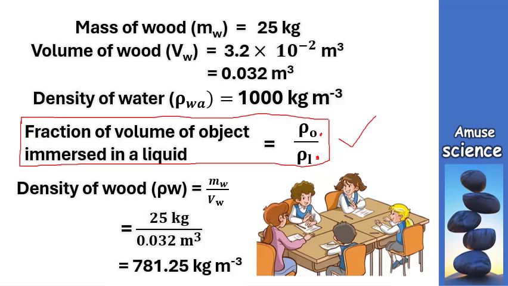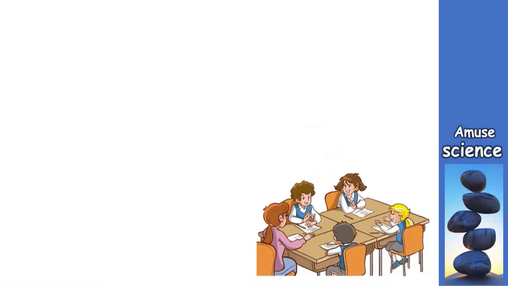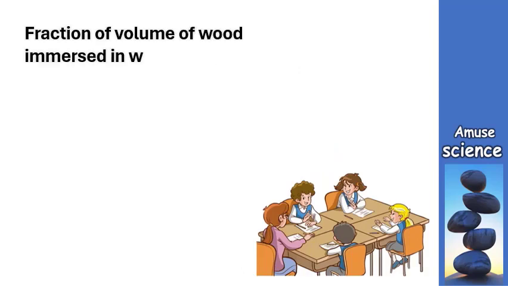Now that we know the density of the wood, we can find the fraction of the volume of the wood immersed. So the fraction of the volume of the wood immersed in the water will be equal to the density of the wood divided by the density of the water. So let's substitute the figures.